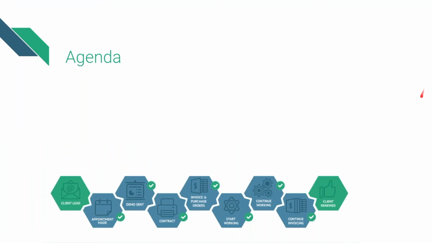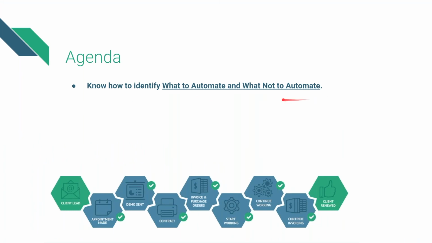Our agenda today is pretty simple. We're going to help you identify what to automate and what not to automate. Obviously, there's a lot out there, and one of the things we discover pretty quickly is that there are definitely processes to avoid. How to automate, we're going to talk about that as well.